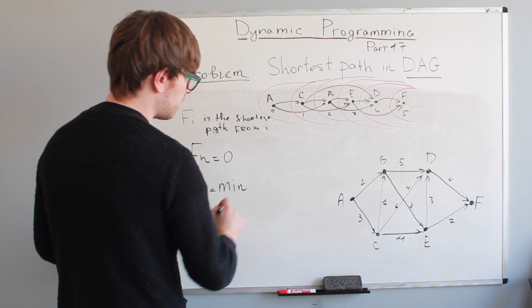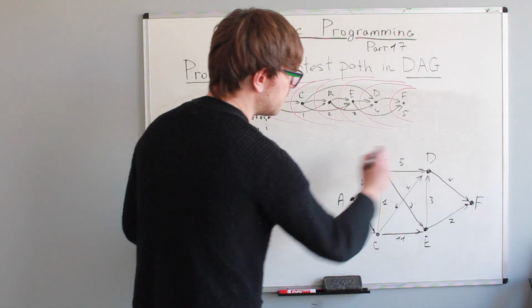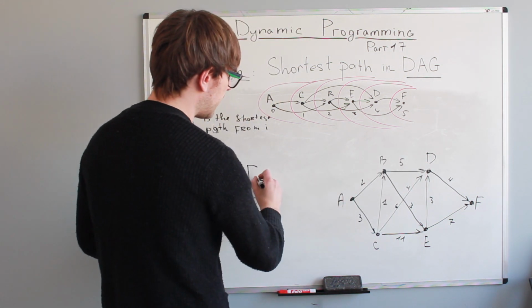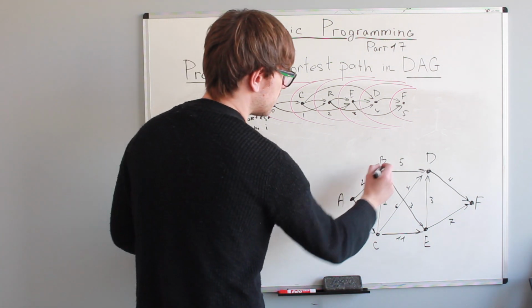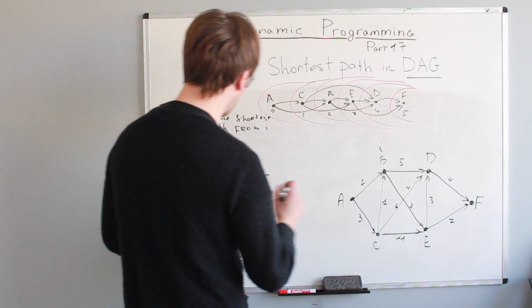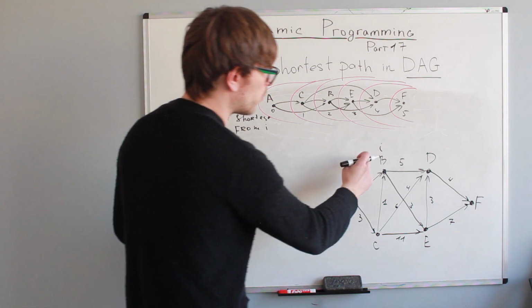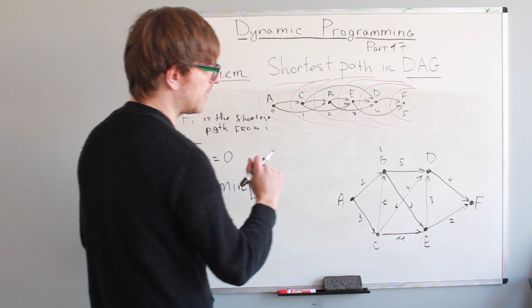So it's a minimum between. If we go to D, we have to pay the weight from going. So let's say this is i, because we said that f of i is the shortest path from i. So we're looking for the shortest path from B to F, right?